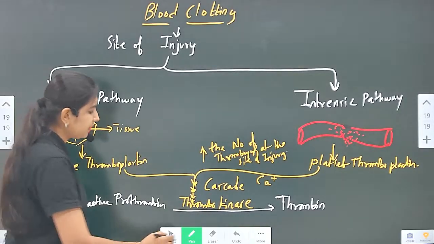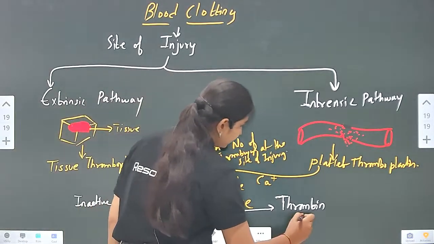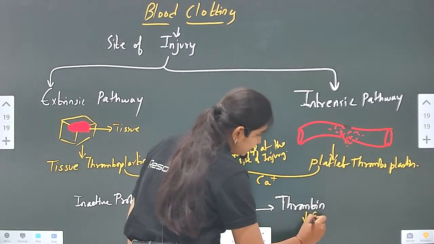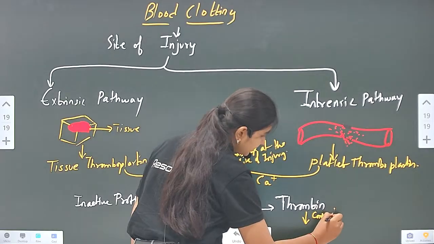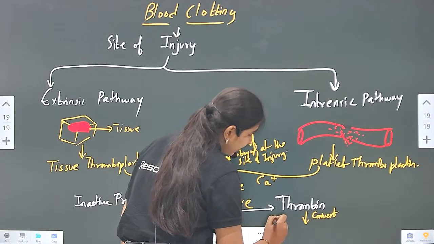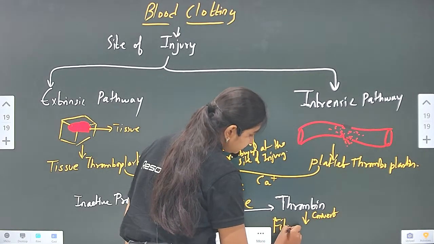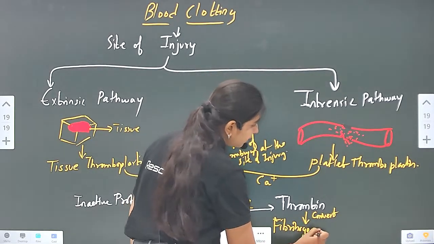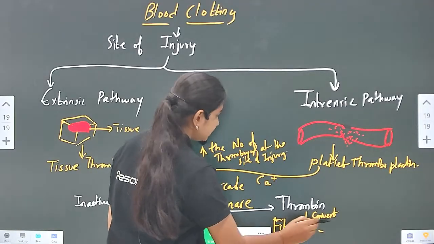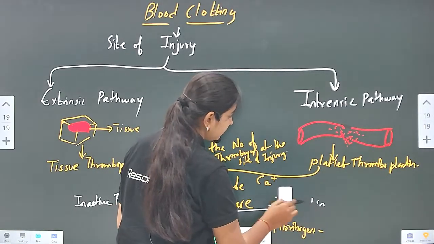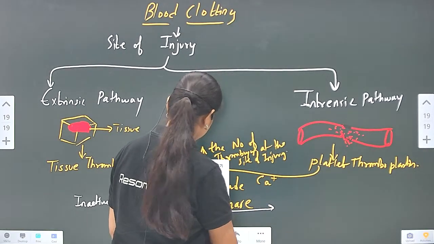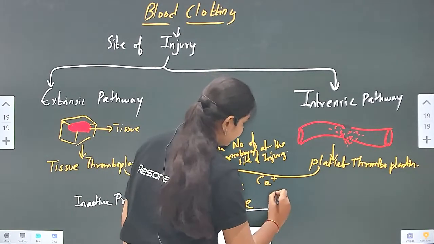Now what will the thrombin be doing? Here the thrombin will convert the inactive fibrinogen into what?